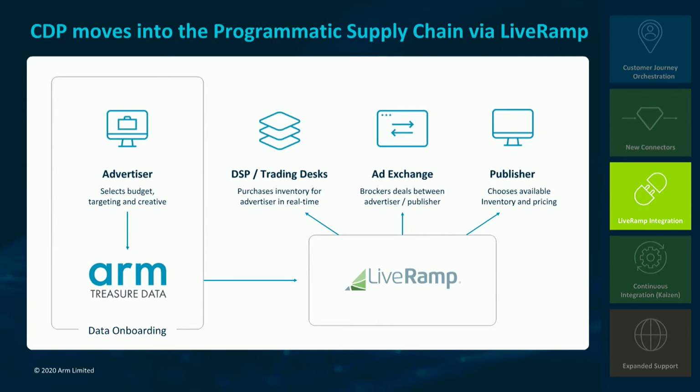They've got a great setup and a fantastic identity graph that allows us to onboard data for our customers and match up their customers with their known identities out in the world and get our customers into that programmatic supply chain at any point. Programmatic supply chains tend to work very horizontally.